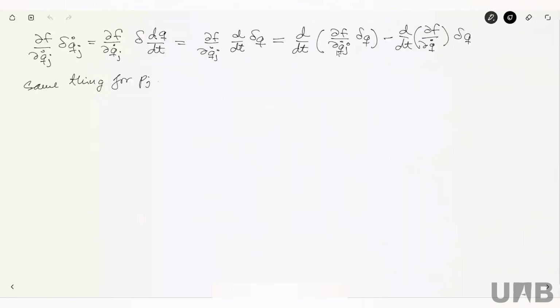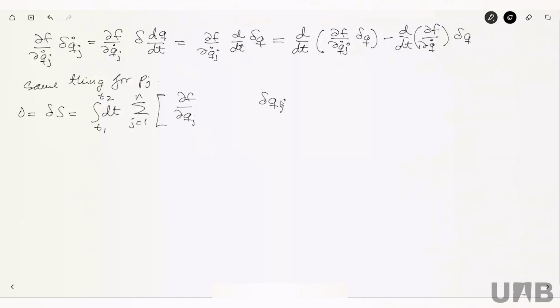You recognize that essentially what I'm doing is integrating by parts. So 0 is delta S equals the integral dt from t1 to t2 of the sum j equals 1 up to n of the derivative of f with respect to qj times delta qj.